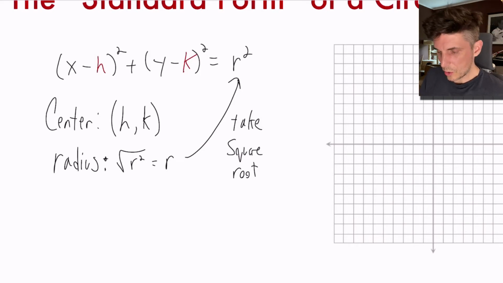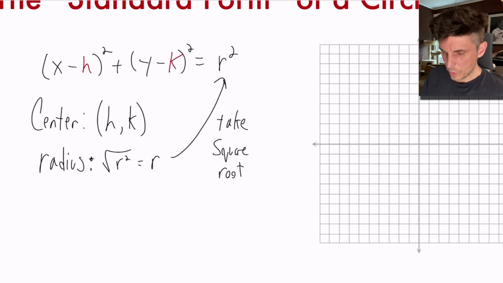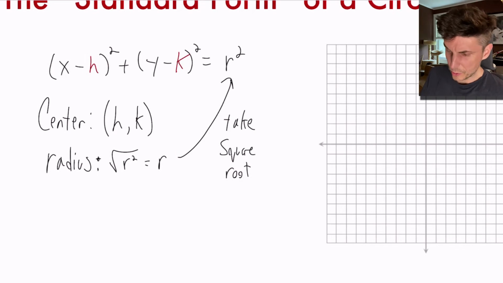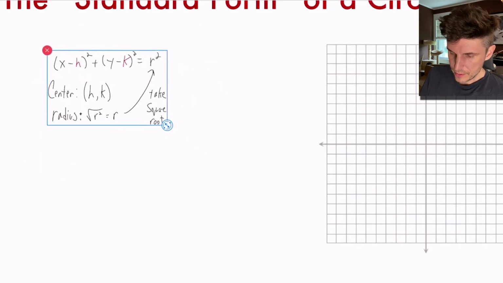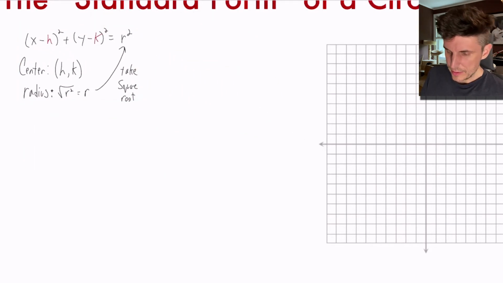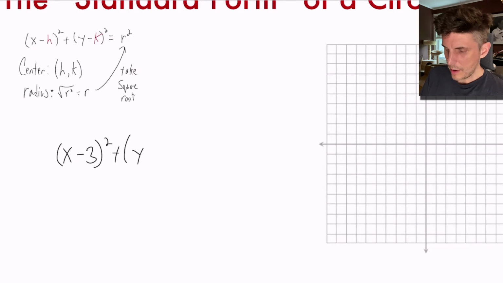Okay, so I have a little coordinate plane over here. I'm just going to make up a circle right now. Example: (x minus 3) squared plus (y minus 5) squared equals 16.